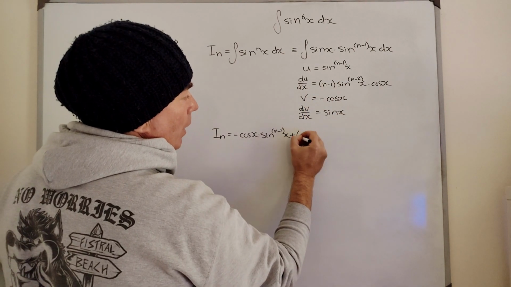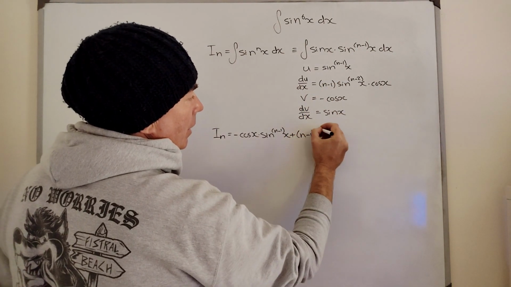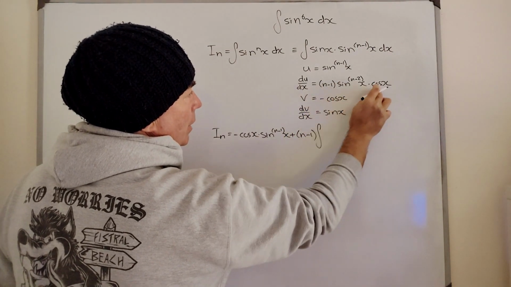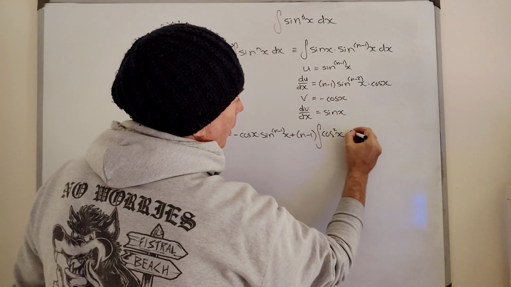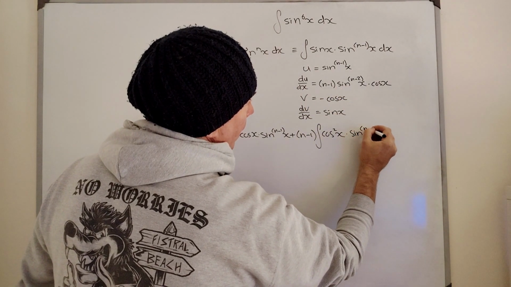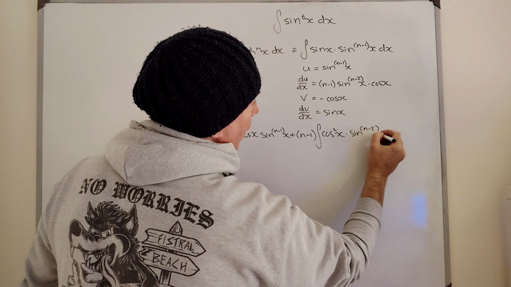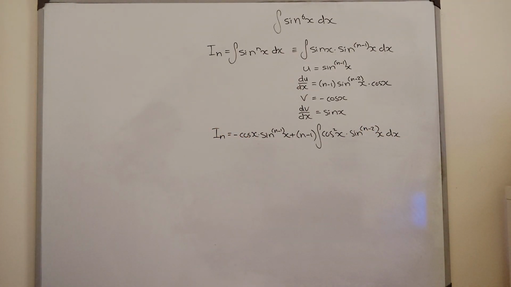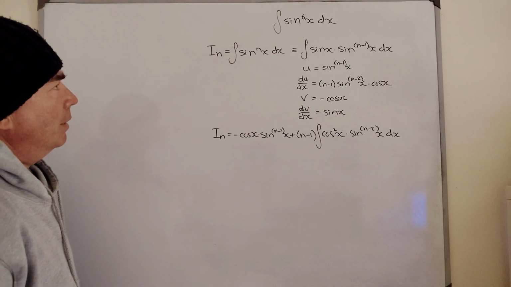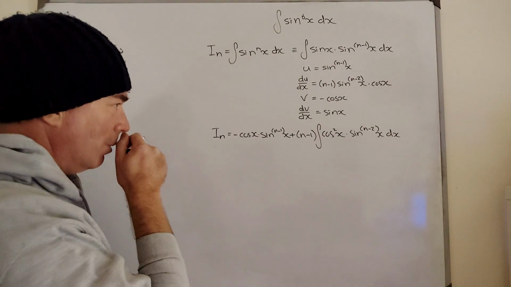We're going to take our n-1 outside here. The integral of cos x times cos x is cos^2 x multiplied by sine^(n-2) x dx. As you can see, we've already significantly expanded our original integral.